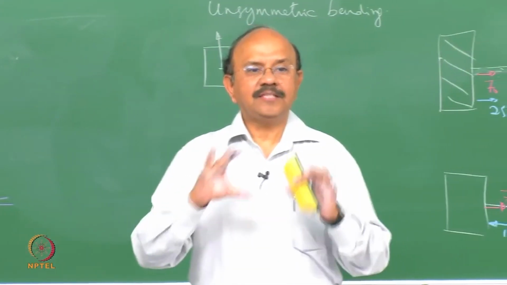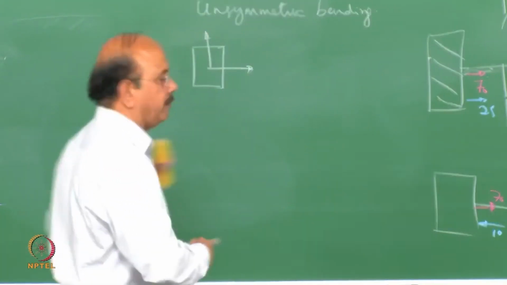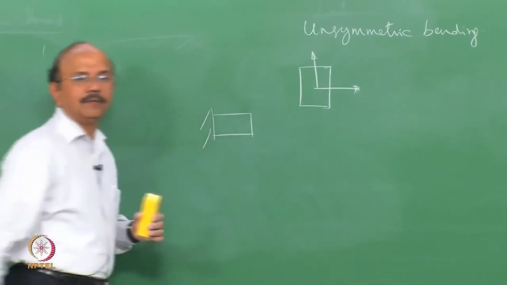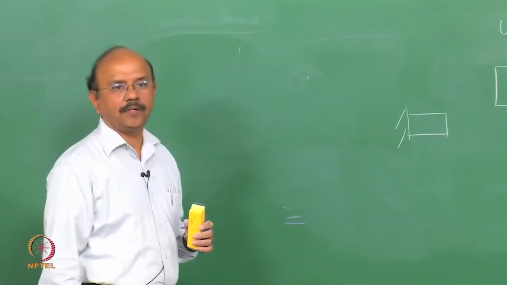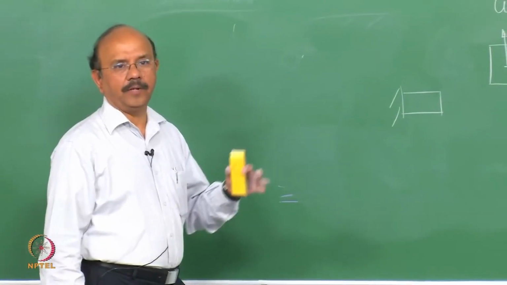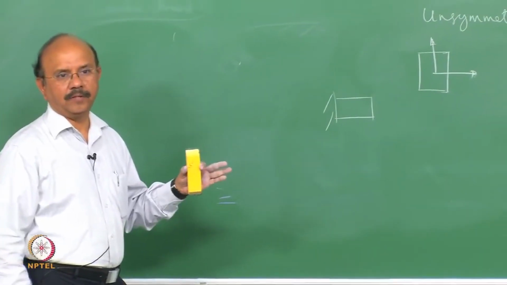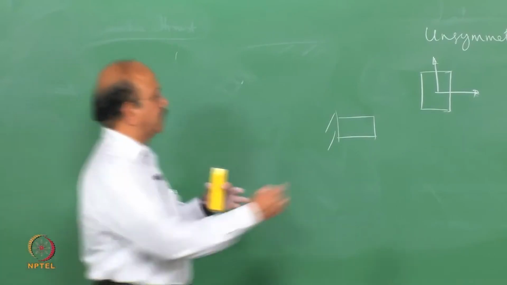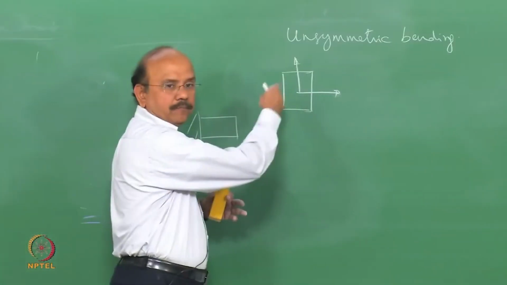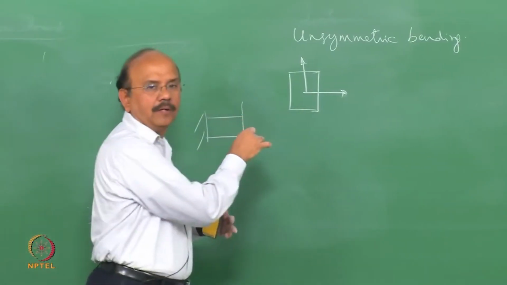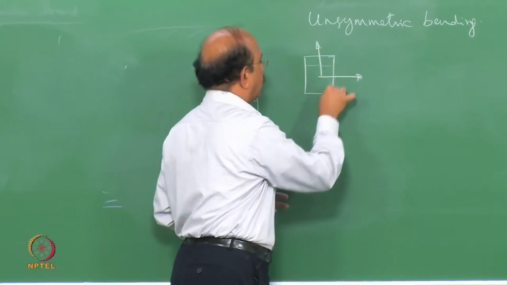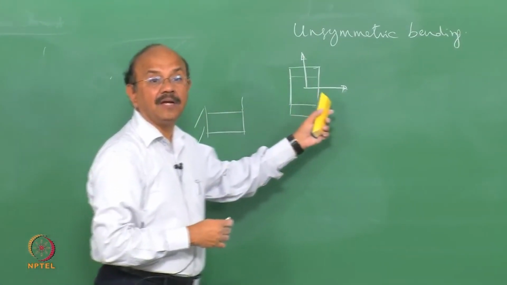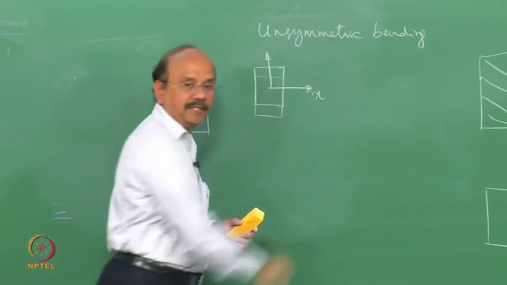Now, say for example, I have a cantilever beam, and when it is symmetric, okay, and you bend it, suppose I displace this, then the displacement would be only in this direction and would not get displaced in the other direction, which I would call x.